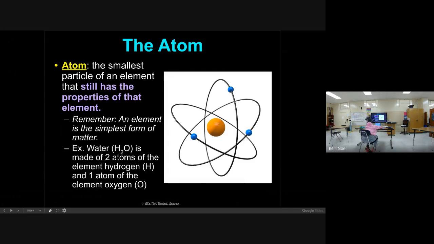It's made up of more than one element: 2 hydrogen atoms and 1 oxygen atom. We're going to be learning how to recognize and read these symbols, so you've got to be able to know from the symbol what makes up that compound.